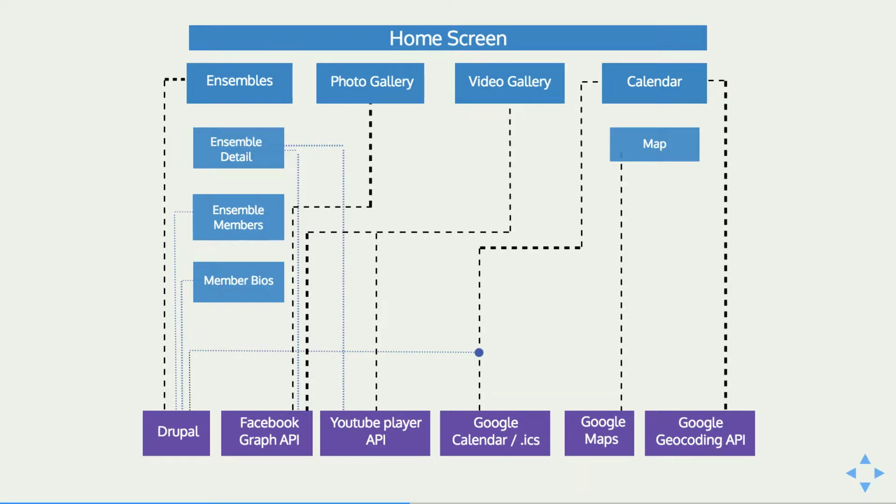If you look at how this is organized, Drupal's actually a small part of the overall network map. Like I mentioned, Facebook is powering the photo gallery and part of the video gallery. YouTube is also powering the video gallery. Google makes it into a lot of different places.